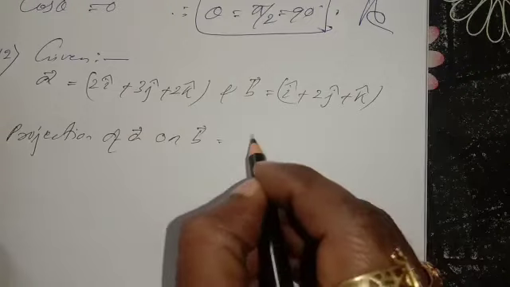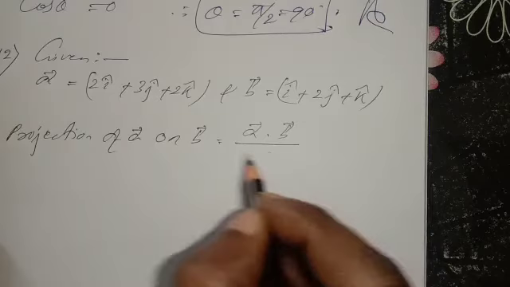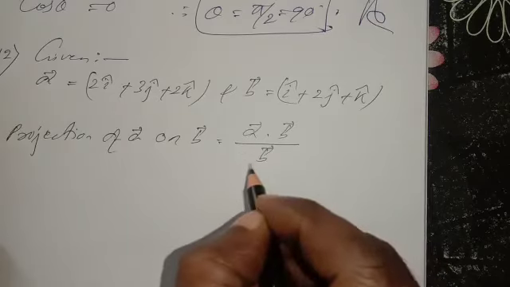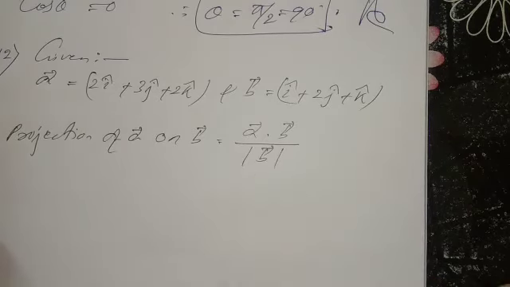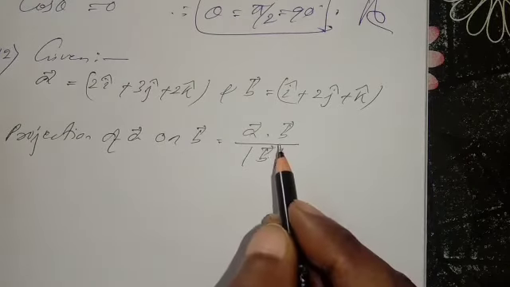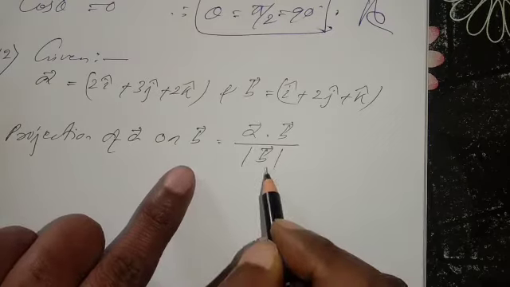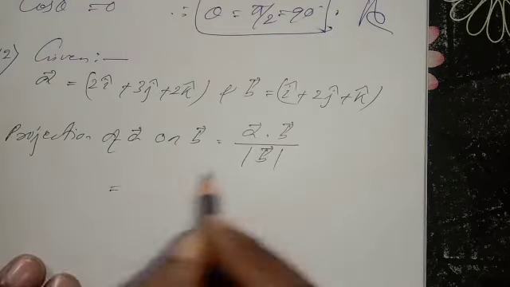The formula is A dot B by the magnitude of B vector in the denominator. This is the formula. Projection of A on B means A dot B by B mod. So what is the value of A dot B?